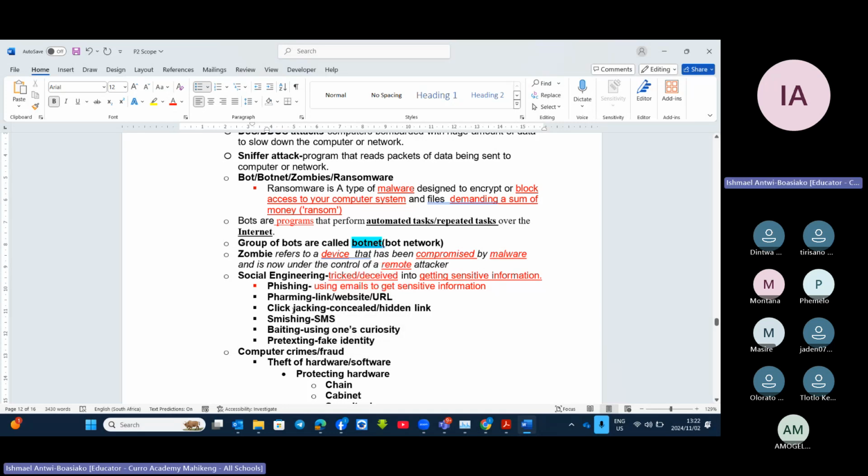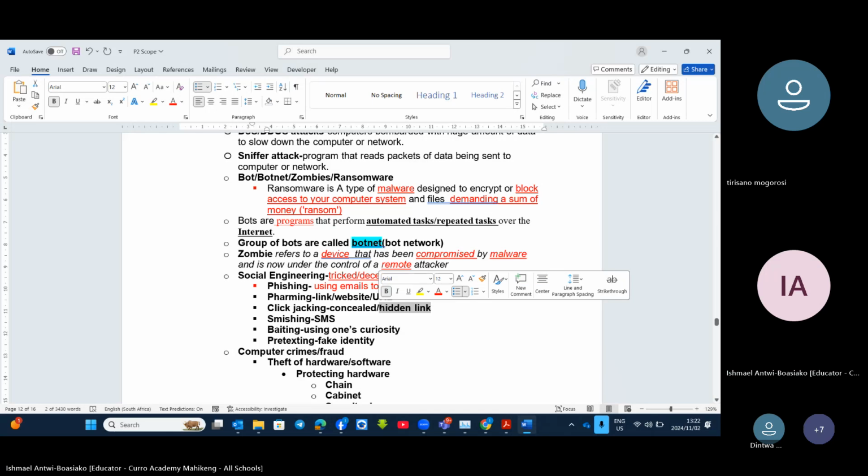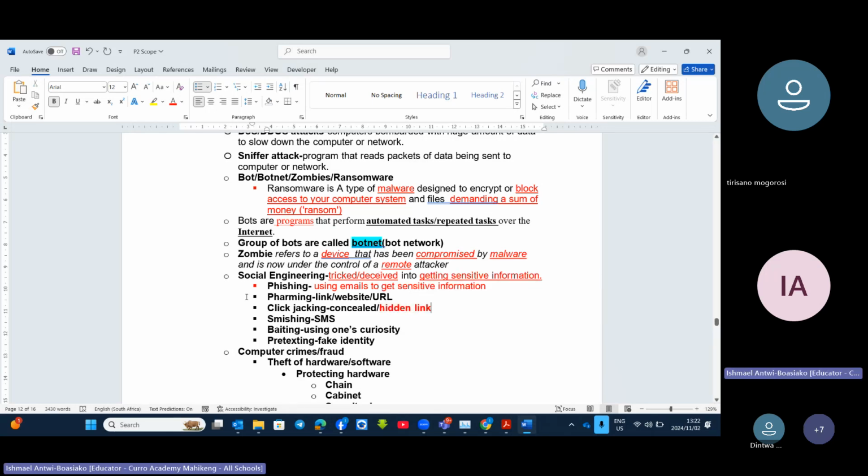The difference between clickjacking and pharming is that in pharming, the link is not hidden. You see the link that says click here and you win 20,000 or something. So you saw the link. But for clickjacking, the link is hidden. You don't see the link. So when it has a concealed or hidden link to deceive you into giving sensitive information, that is called clickjacking.